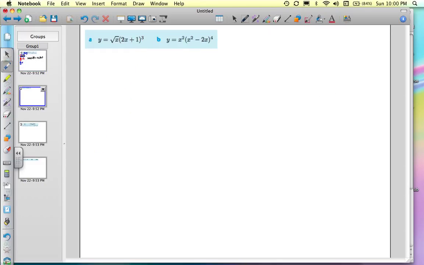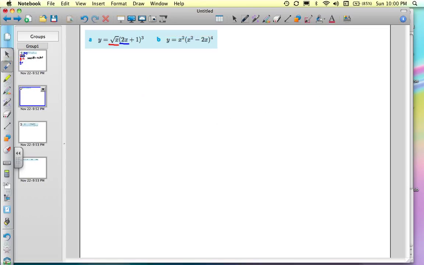Okay? So let's see, A right here. You can see that there's, it looks obvious to me, two different functions here being multiplied. And so let's highlight them. This is the first function.